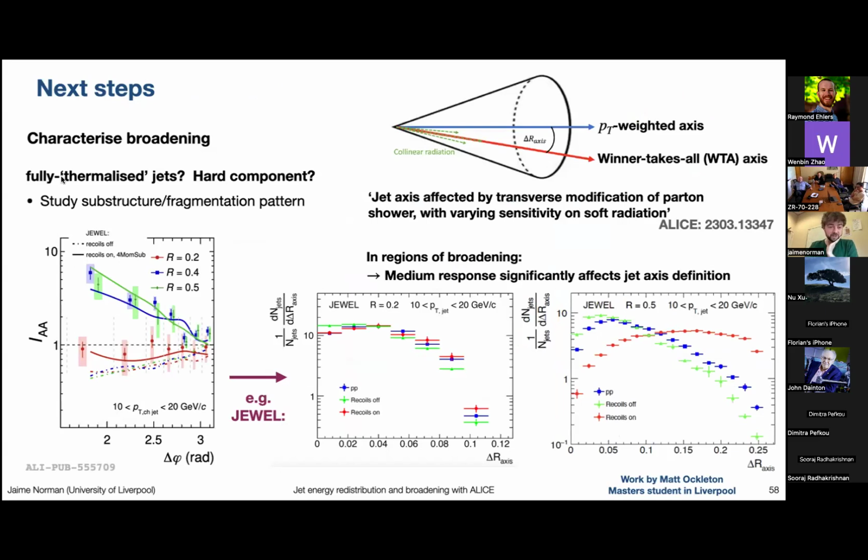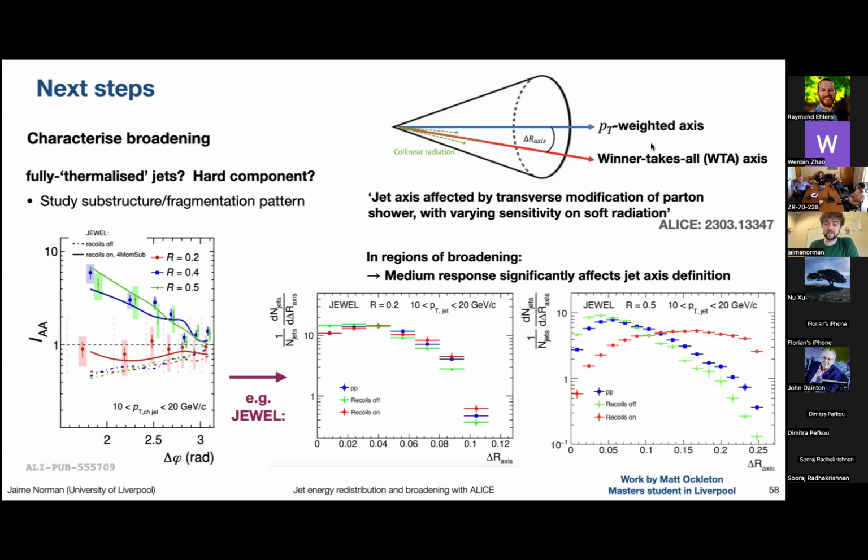So we've measured this broadening. I think the next step here is to characterize the broadening and understand if these are fully thermalized jets, whether there's a hard component. The way to do this will be to study the substructure and fragmentation pattern of jets. One example of a measurement that could go some way in answering this is measuring the difference in jet axis definitions.